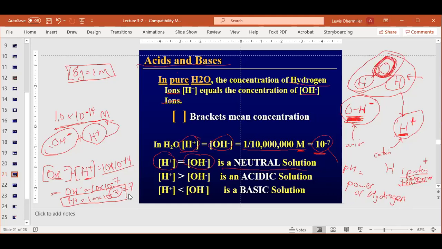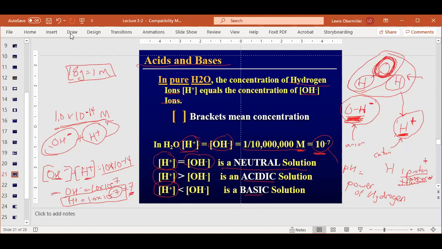So what's the pH of pure water? 7. Yeah. And it's always 7, but it has to be pure water. If the hydrogens increase, they're bigger, then it's acidic, and if the hydrogens decrease, then it's basic.